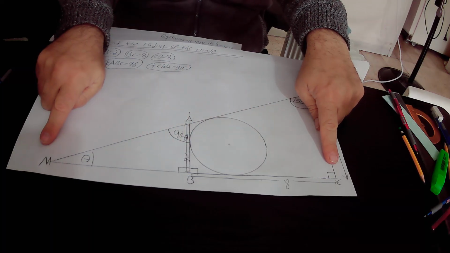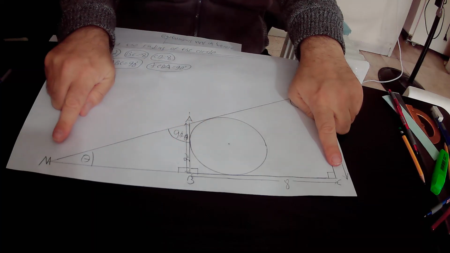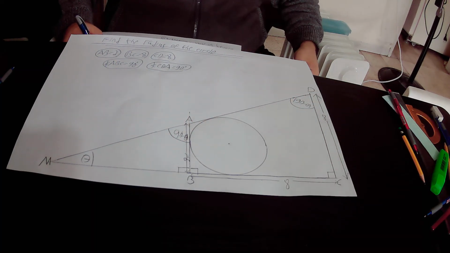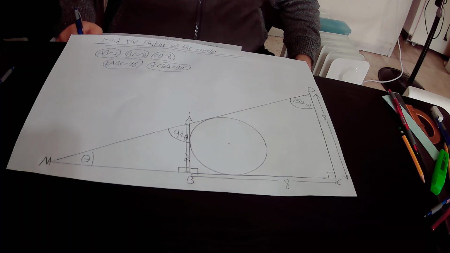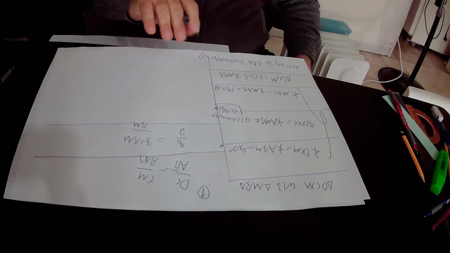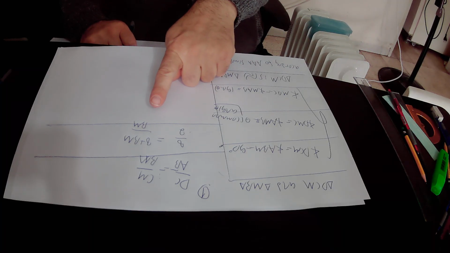That is to say, CM equals CB, that is 8, plus BM. So we substitute CM by 8 plus BM, divided by BM. In conclusion, we found that 8 over 2 equals 8 plus BM over BM.